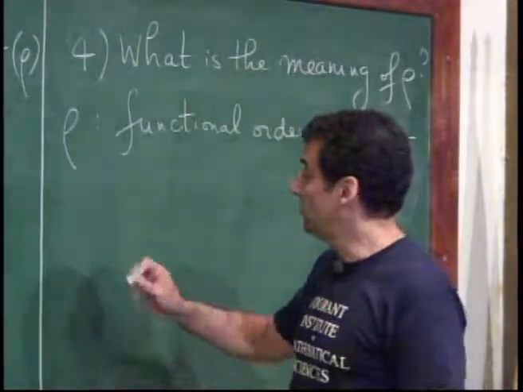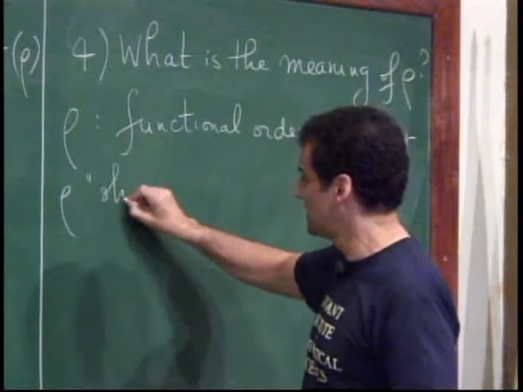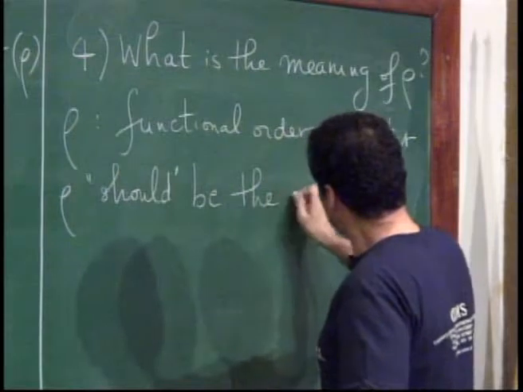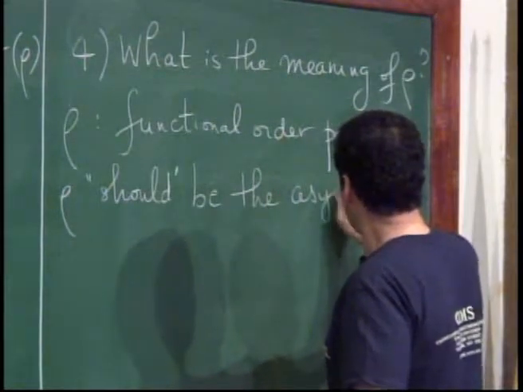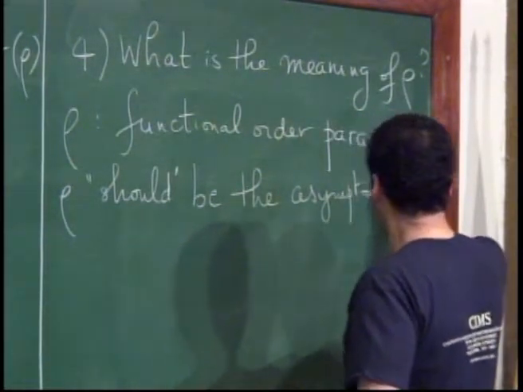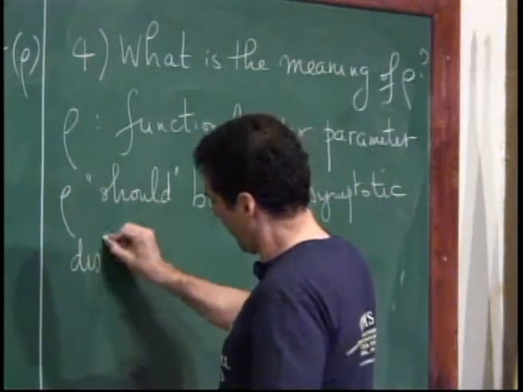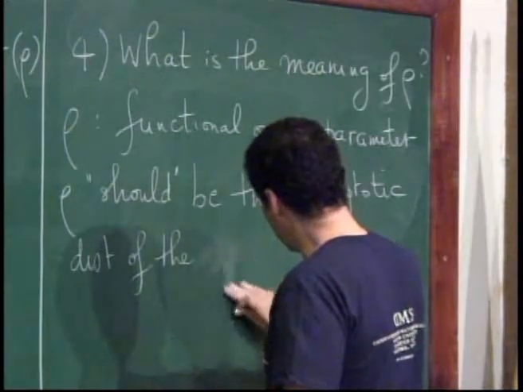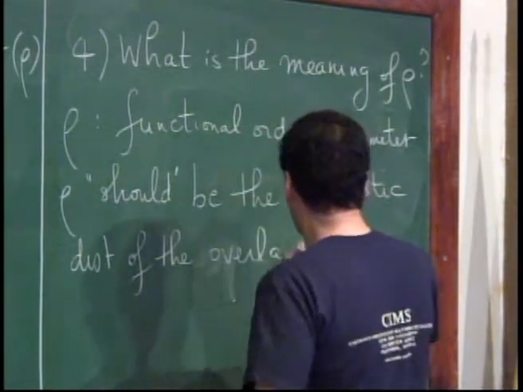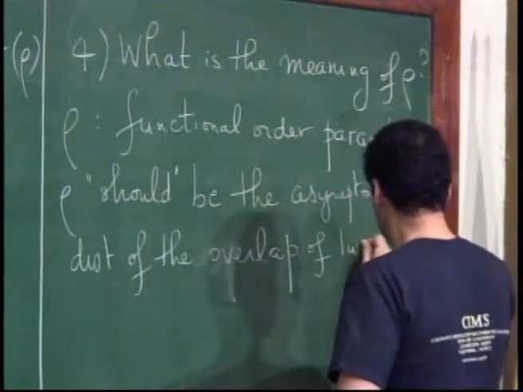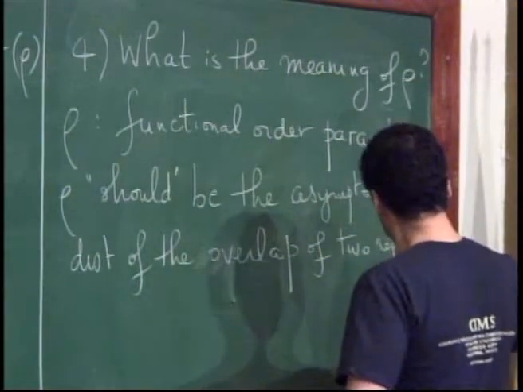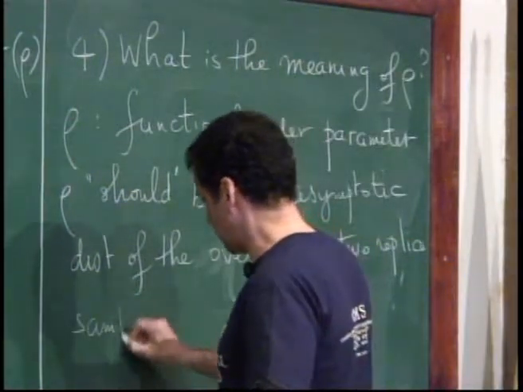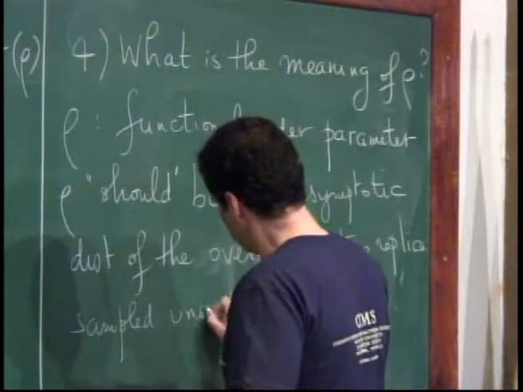In good cases, rho should be the asymptotic law distribution of the overlap of two replicas under the Gibbs measure, sampled under the Gibbs measure.